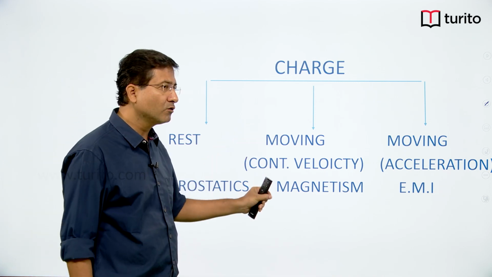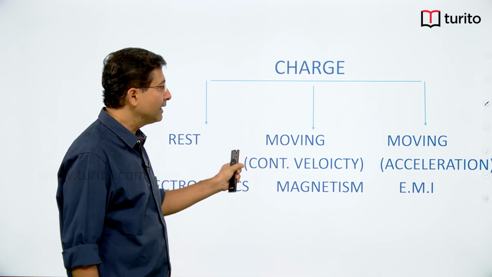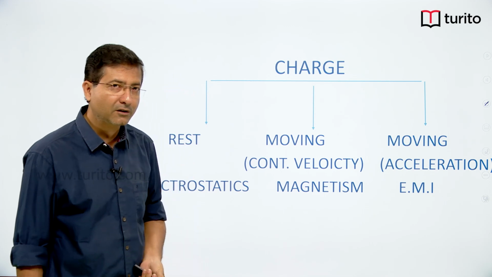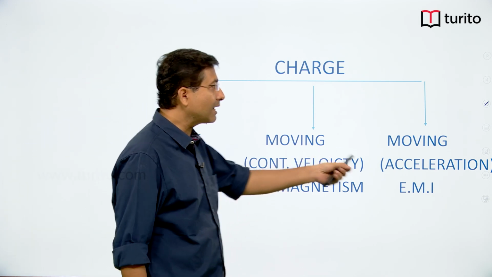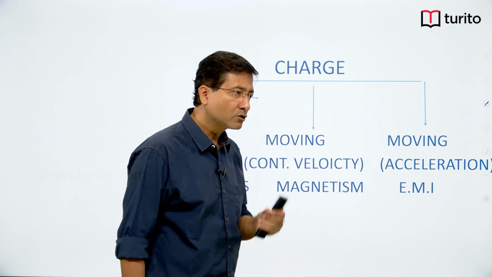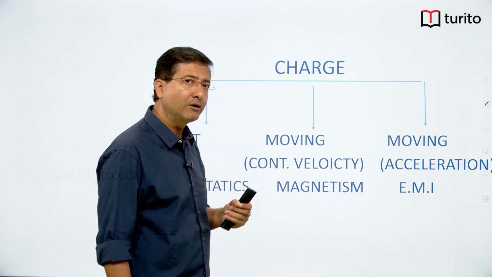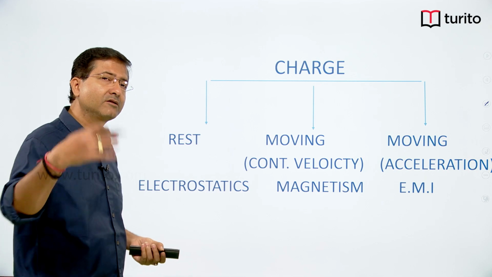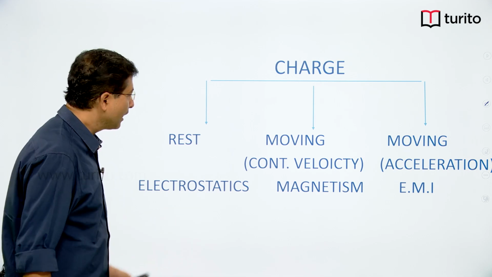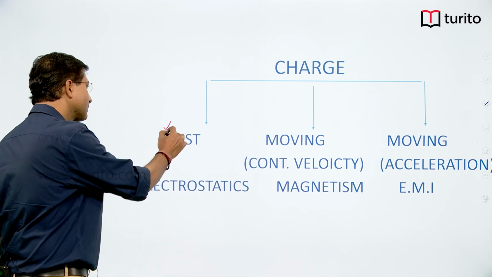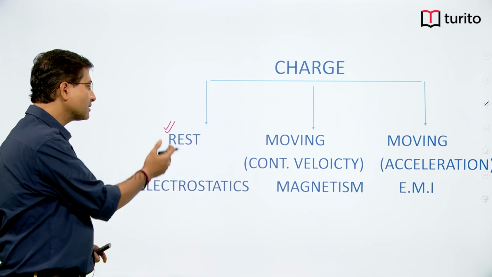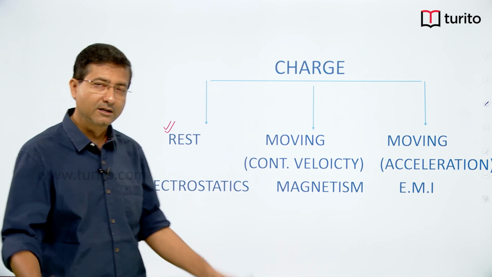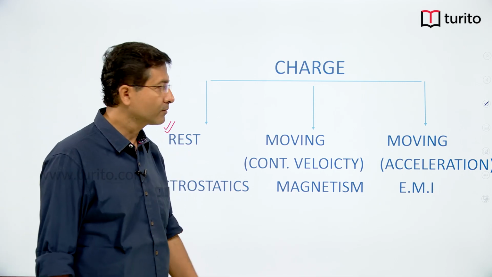When charge starts moving, along with that field it also produces the magnetic field, and then we will see later what happens when charge accelerates. So, an accelerating charged particle produces an electromagnetic wave, that we will see later, but for the time being our discussion is only for those situations where charge is at rest, electrostatics, right.